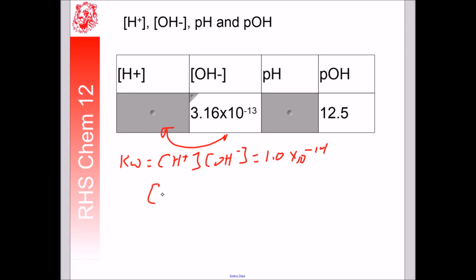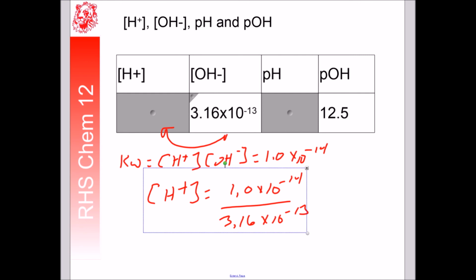And so my concentration of H plus will equal 1.0 times 10 to the negative 14 divided by 3.16 times 10 to the negative 13. So that's a really small concentration. So this is going to be pretty large.